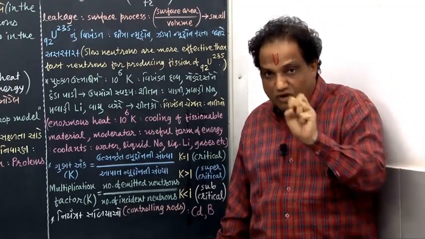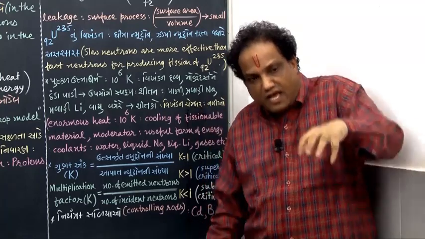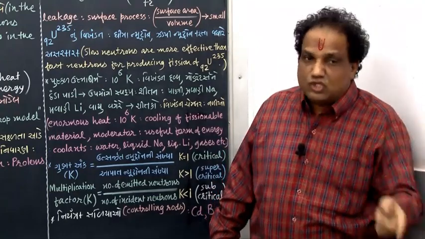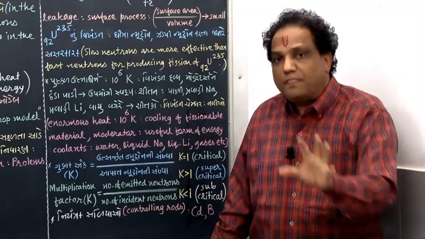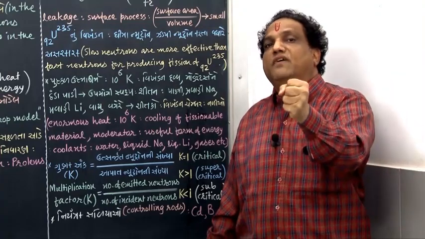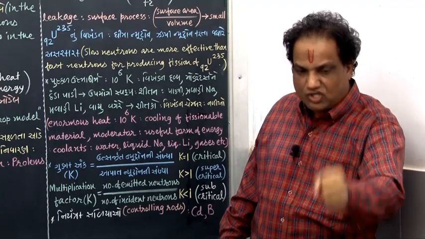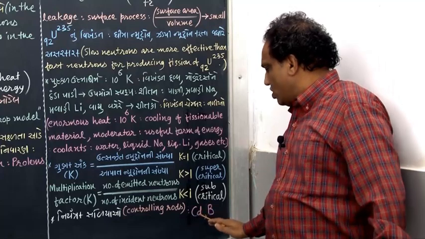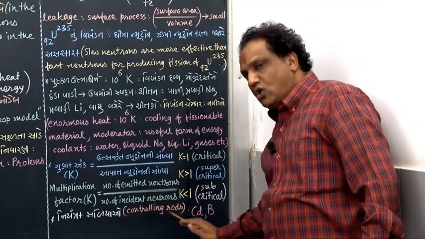Once the excess neutrons are absorbed, naturally the value of K will decrease, and after that the rods are withdrawn from the nuclear reactor. These rods control the number of emitted neutrons, so we call them controlling rods. Rods made up of cadmium and boron are called controlling rods.